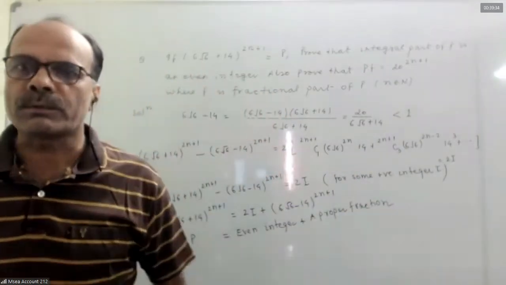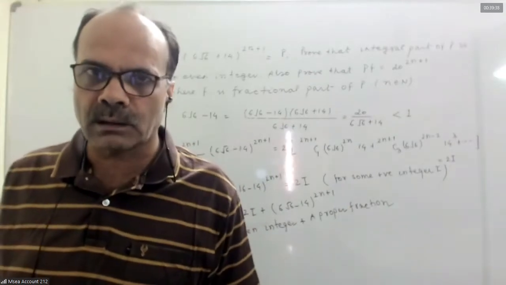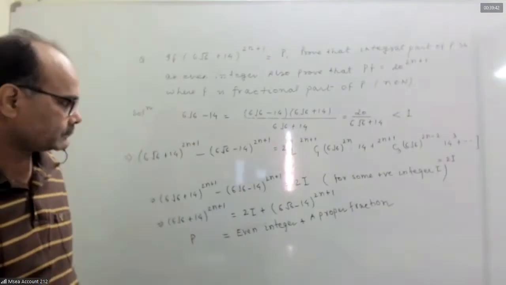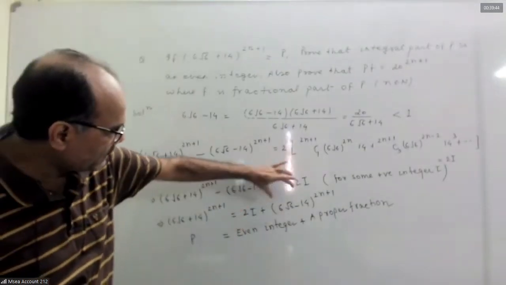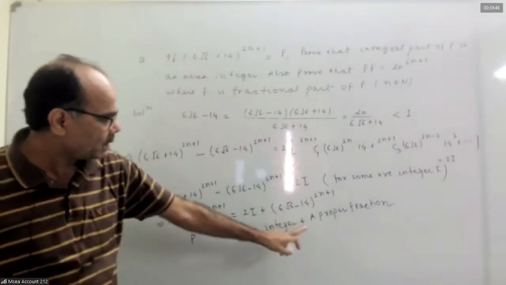What is the meaning of proper fraction? A number which is strictly in between 0 to 1 is called a proper fraction. This even integer, I have proved that this number is in between 0 to 1. Look here.